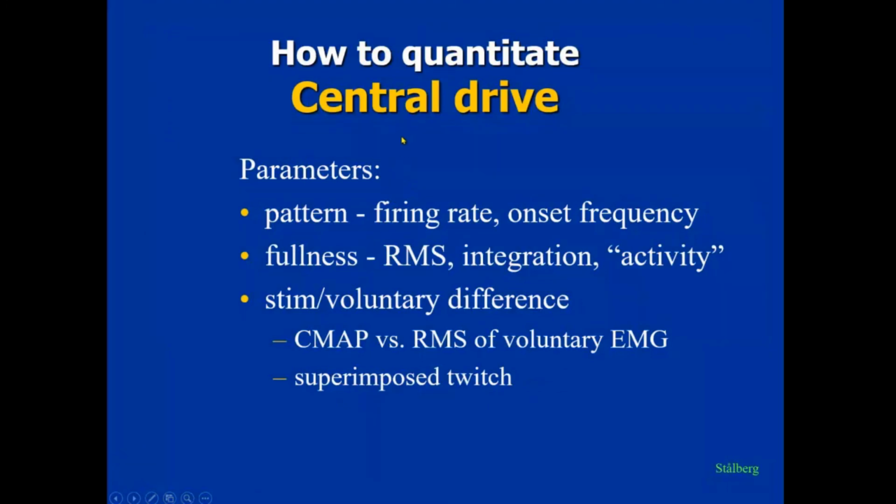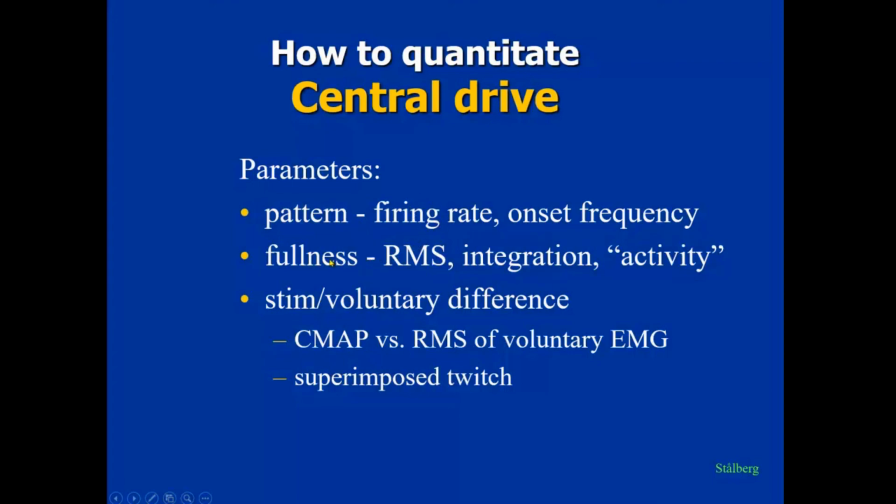When it comes to central drive, when we have a stroke or spinal cord lesion, it is more difficult to detect EMG abnormalities. We can use the pattern of the EMG signals during moderate and strong contraction, the rhythm and the frequency and the stability of the firing rate.